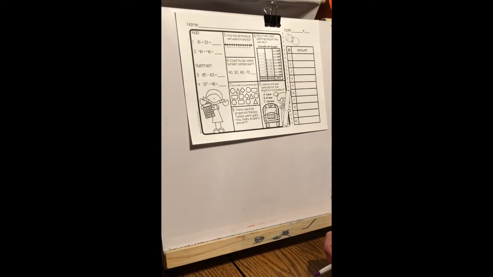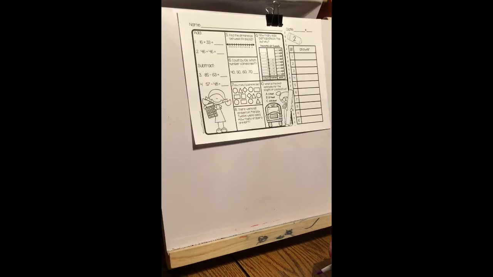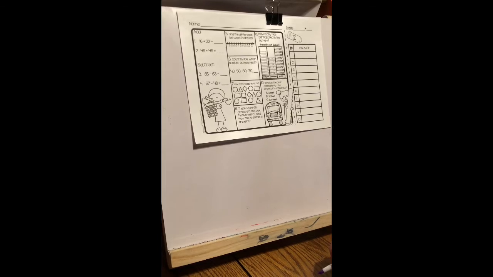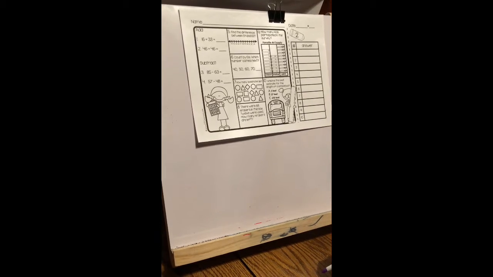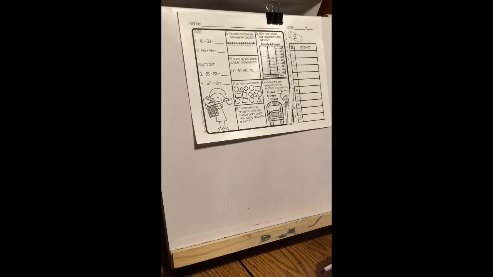This is page 2 of day 1. Now 1 and 2 you're going to add, 3 and 4 you are going to subtract, and you are all really good at adding and subtraction. So we are going to move on to number 5, and this says find the difference between 54 and 62.